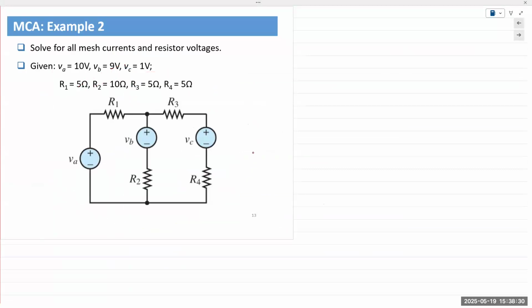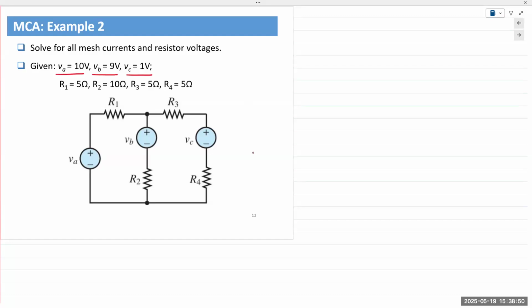In this example, we have 3 voltage sources, VA, VB, and VC. We are asked to use mesh current analysis to solve for the unknown quantities in the circuit. So first thing in mesh current analysis is identifying the number of meshes and assigning a mesh current.